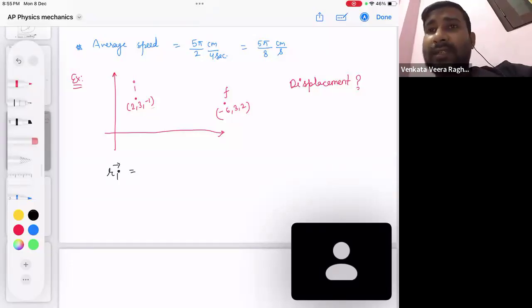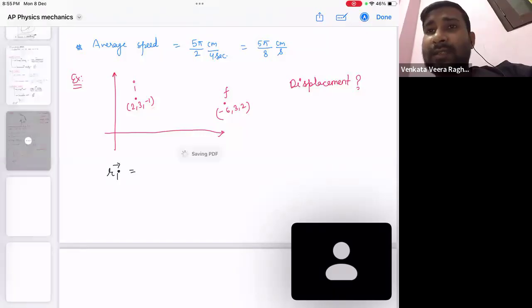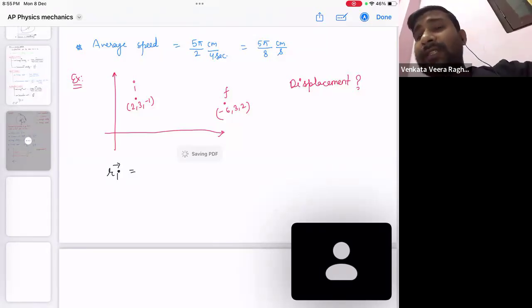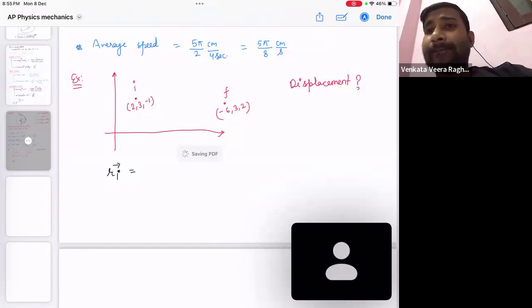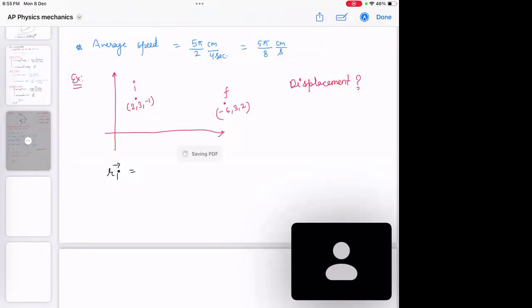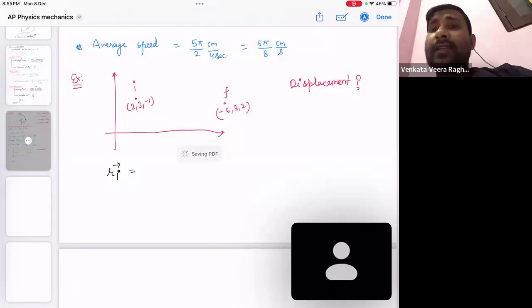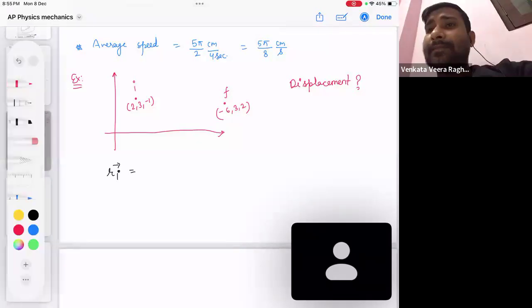In the vector form, can I write it as 2 i cap, j component 3, so 3 j cap, k component minus 1. So it is going to be 2 i cap plus 3 j cap minus k cap. Tell me, initial position vector, can we write it as 2 i cap plus 3 j cap minus k cap?